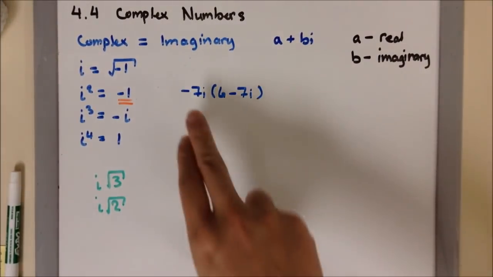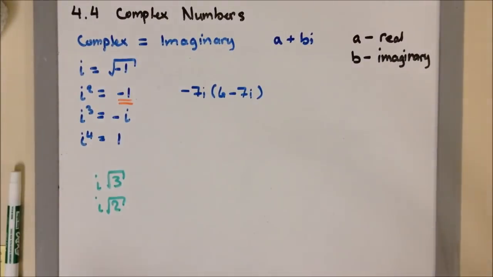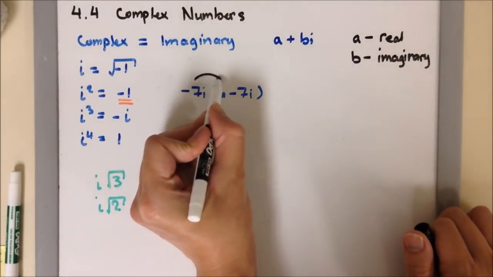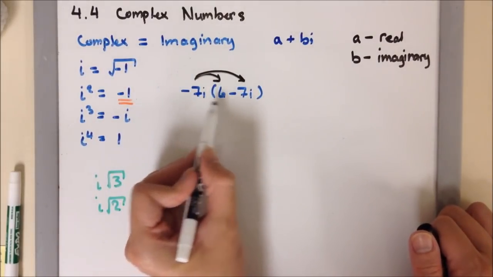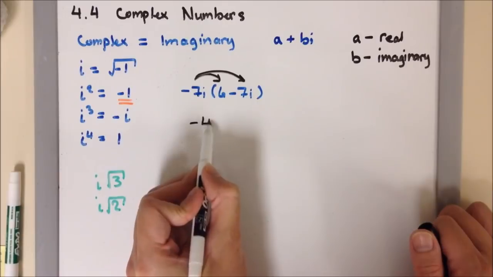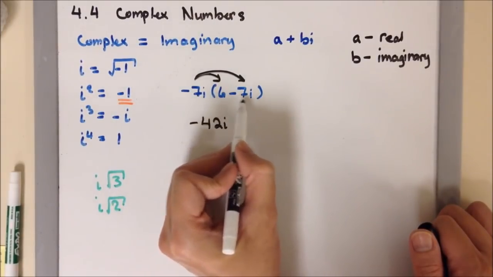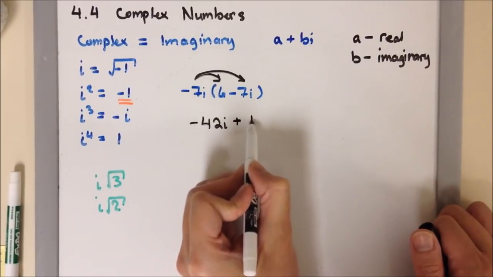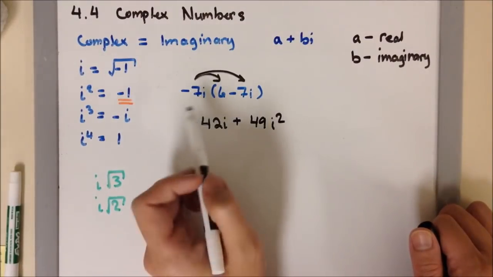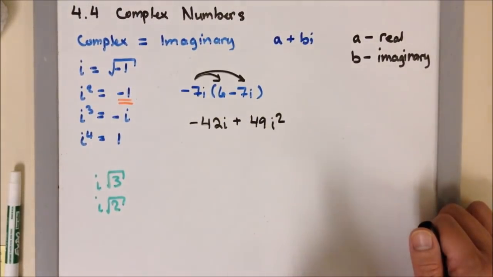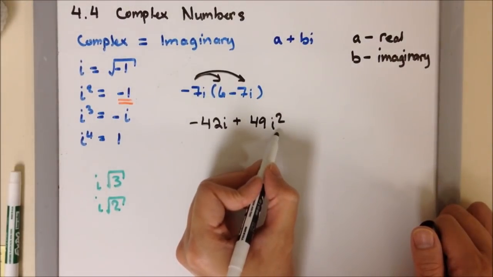In this example, we have negative 7i times the difference of 6 minus 7i. I'm going to distribute my negative 7i to the 6 and the negative 7i. Negative 7i times 6 will be negative 42i. Negative 7i times negative 7i will be plus 49i squared, because remember, i times i is i squared. Next, since I have an i squared, I'm going to switch it out with negative 1.